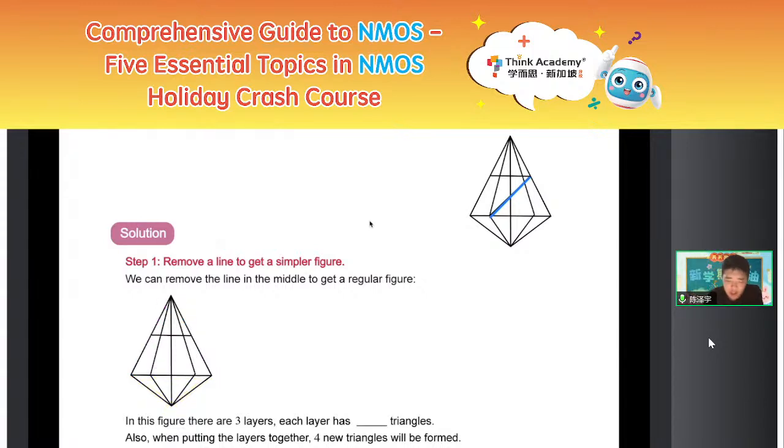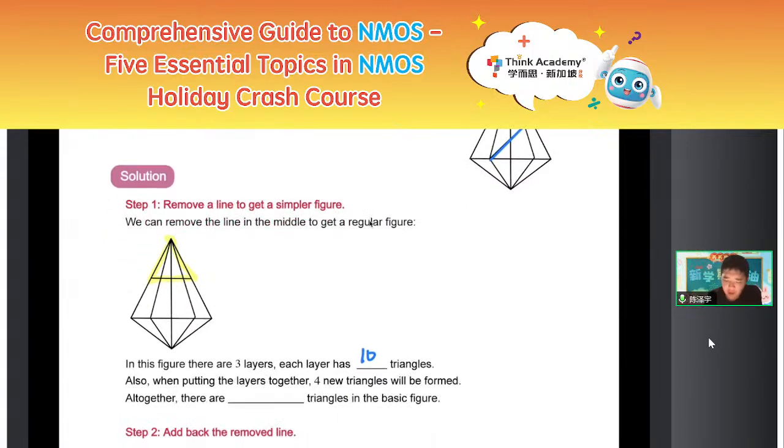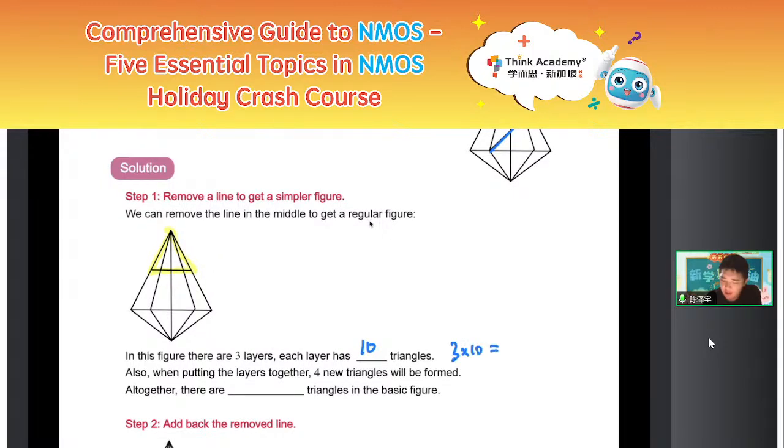Let's focus on the top layer. How many triangles are there in the top layer? 10, very good. Each layer has 10. We have 3 layers, so 3 times 10 will be 30.